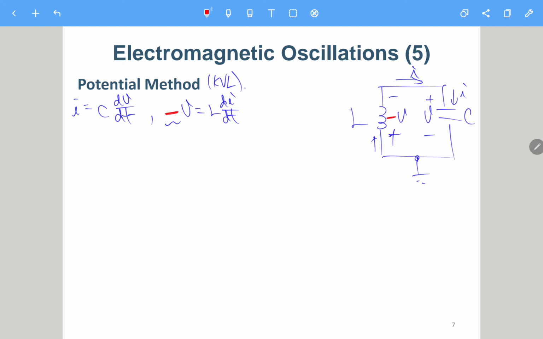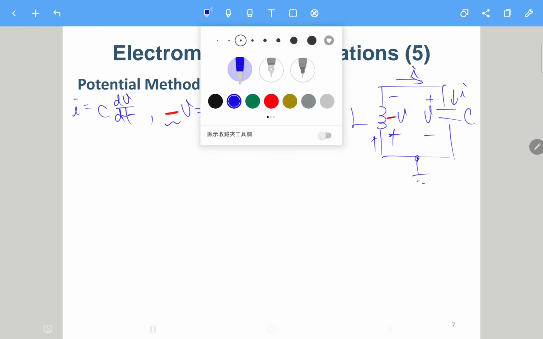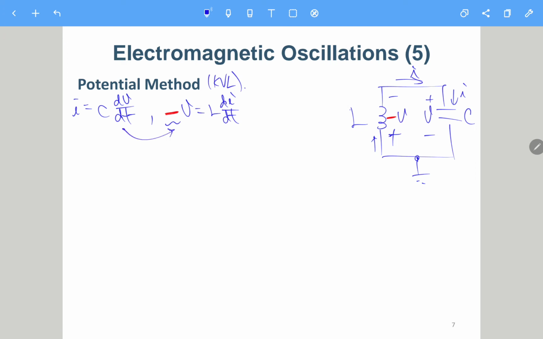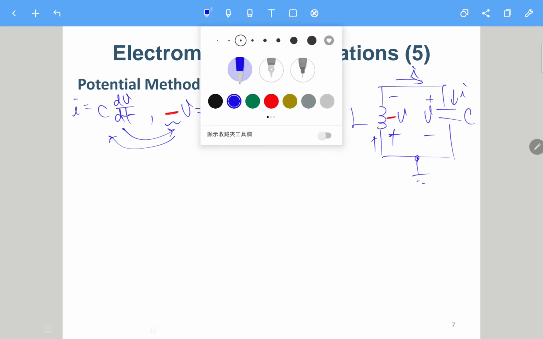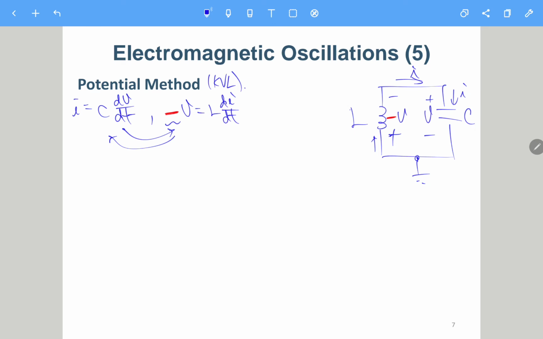Okay, so actually we can just plug in this equation into this one, or the other way around, which will be actually the same. So let's try to plug in the left one to the right one.